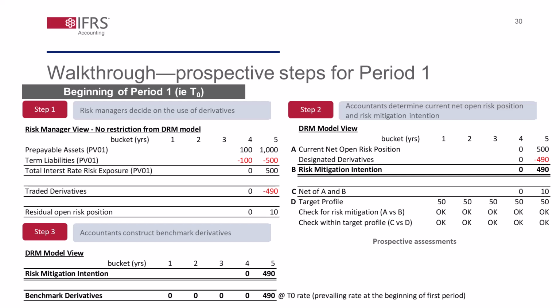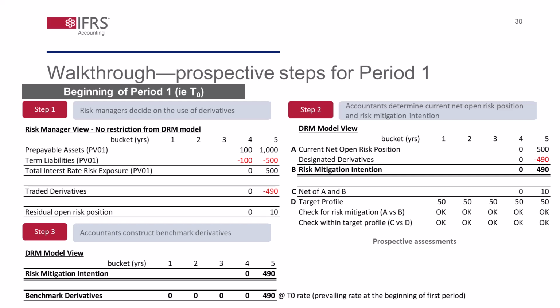Similarly, the derivatives traded for risk management purpose are documented as a designated derivative in the DRM model. The interest rate risk of the designated derivative also provides an indication that the entity intends to mitigate a PV01 of 490 out of the current net open risk position, which is used as the basis for determining the risk mitigation intention.